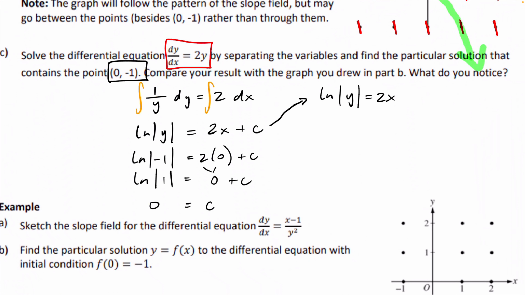Change it to an exponent, right? It's really log with a base of e equals 2x. So you're going to have e to that power equals that.